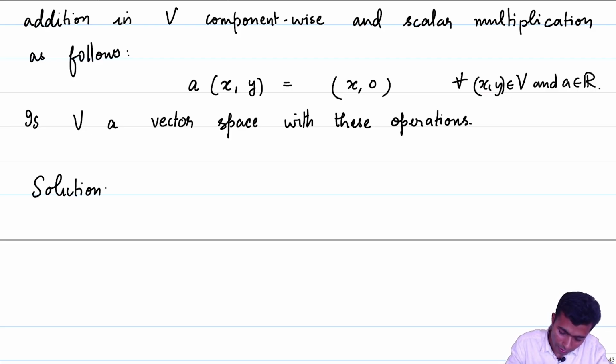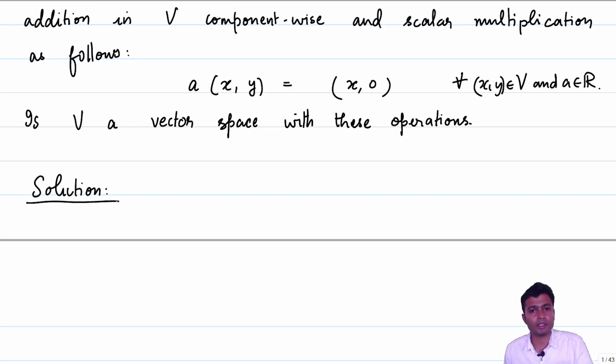The first thing to check is whether V is closed under vector addition and scalar multiplication.